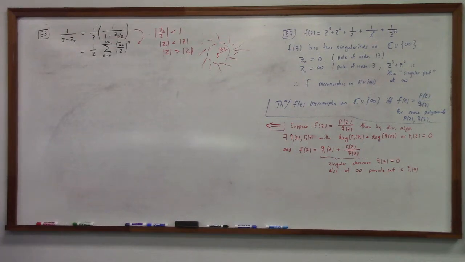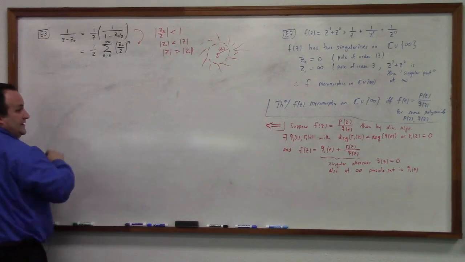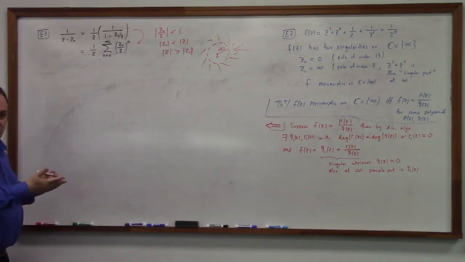And so what does this say? This says that for everything like 1 over z minus z naught, you get something that this expression right here is analytic at infinity, because it's got no polynomial piece.